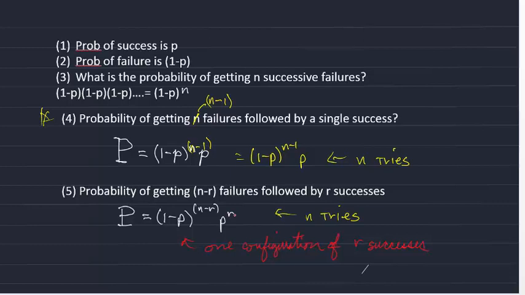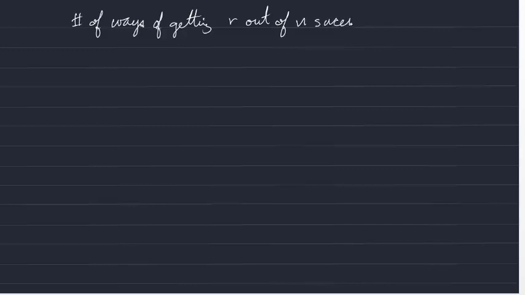Well, let's consider that. The number of ways of getting r out of n successes is simply n over r, our binomial coefficient.